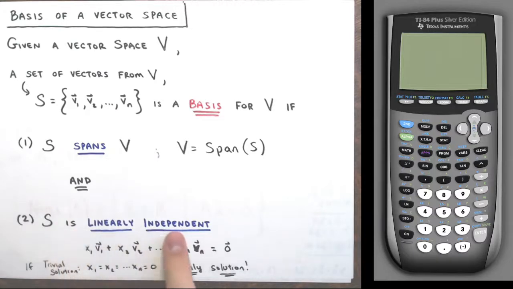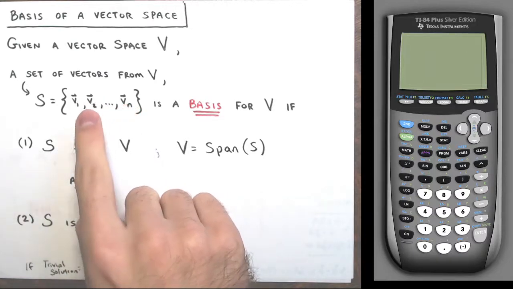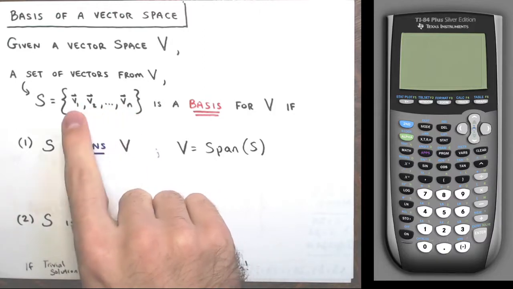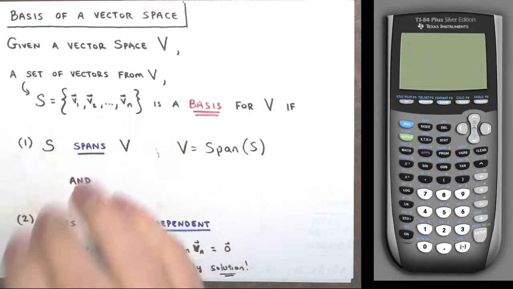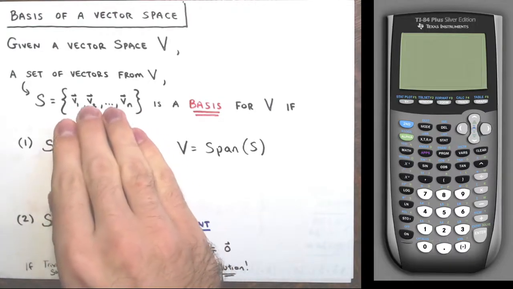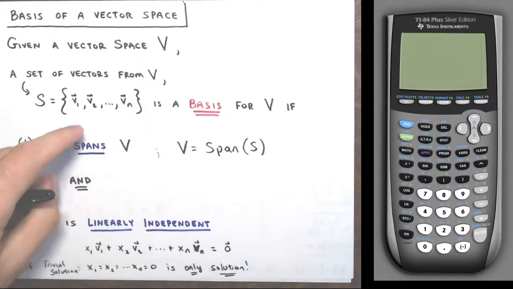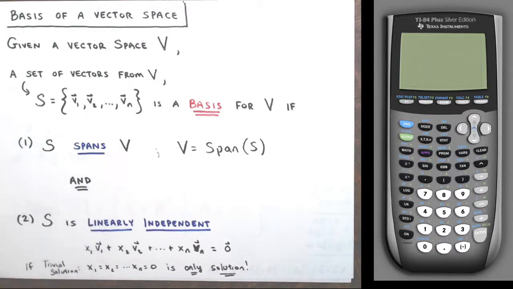And the fact that they're linearly independent means that I need all of them. None of these depend on any of the others, so all of them are necessary building blocks. You might have also heard this referred to as a minimal spanning set for V. It's a set that spans V with as few vectors as possible, as few blocks as possible.